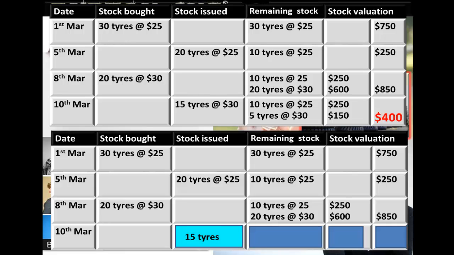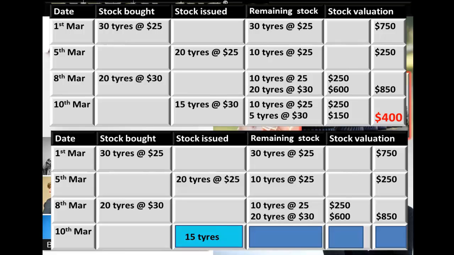We've just worked through the top table, nothing different there, and let's have a look at this bottom table using the different stock valuation method. This time we're going to use the LIFO method. The whole aim of the LIFO method is to leave us with our older stock at the end. So we can see on the 1st of March, nothing's different there. 5th of March, nothing different. 8th of March, nothing different.